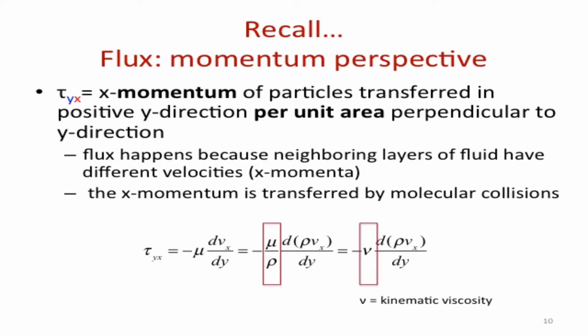So basically, this flux happens because I have differences between different layers of fluid in x momentum. Okay. So you can see that I fitted that into my Newton's law when I was explaining things. So you can actually see that this is a derivative of momentum. If you assume constant density of the fluid, you can basically divide mu by rho, okay, and simply sneak in rho under the derivative sign.